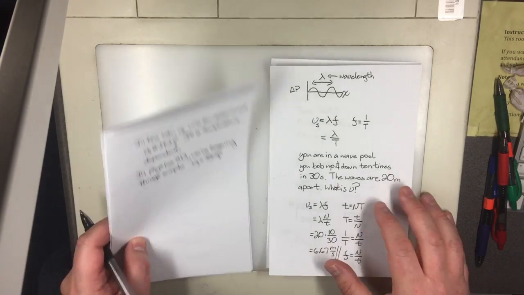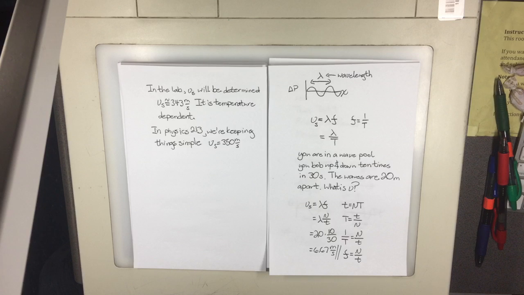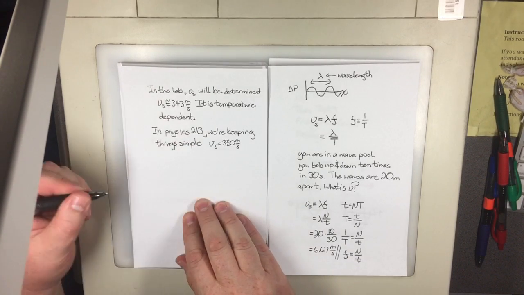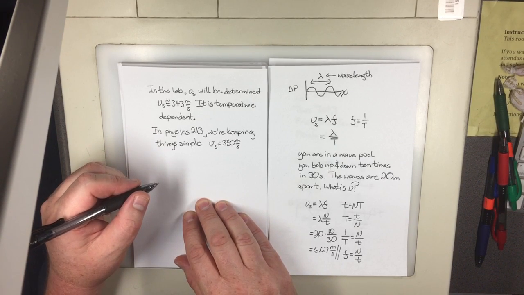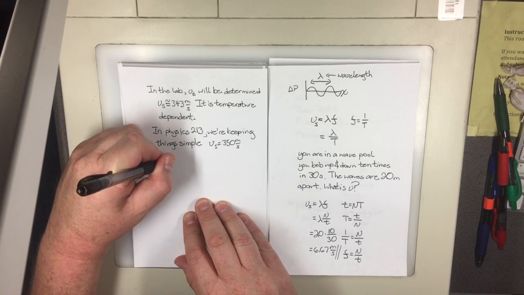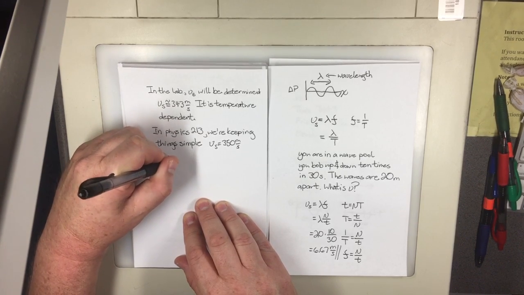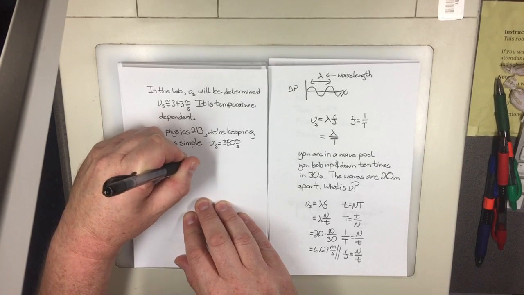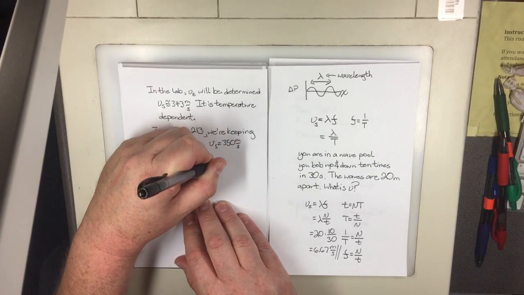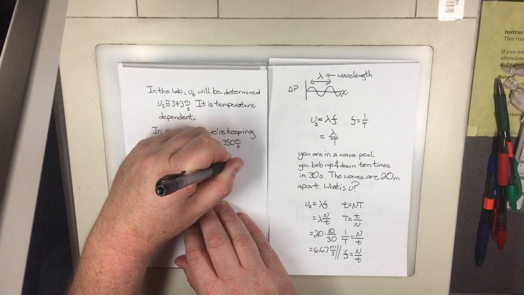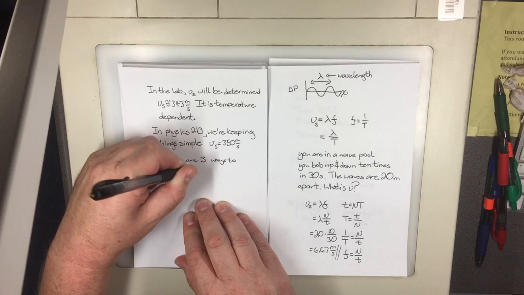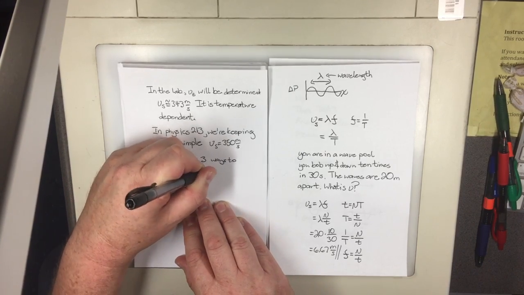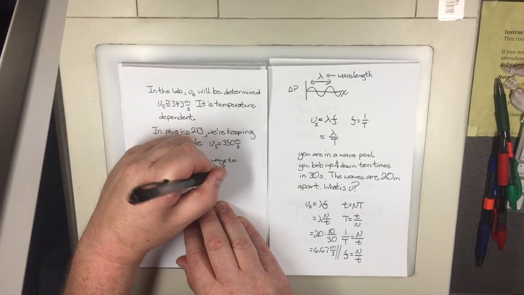I'm trying to think of the next step. In Physics 2:13, you can produce sound in several ways. There are 3 ways to make sound in 2:13.